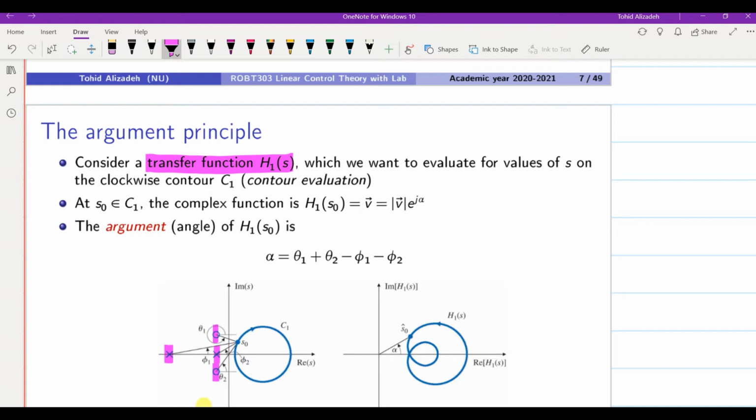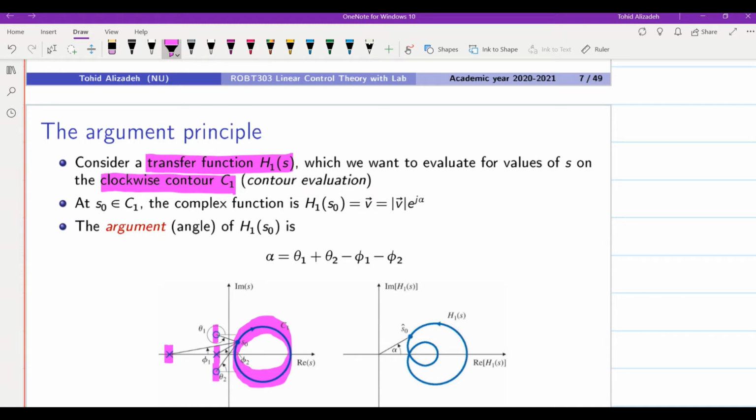The zeros are in the form of a complex conjugate, and we have two real poles on the real axis. Then we also have a clockwise contour. We call it C1. And the contour is here. Basically, it is a closed path, starting from a point and then moving in the clockwise way and then getting back to the same point.